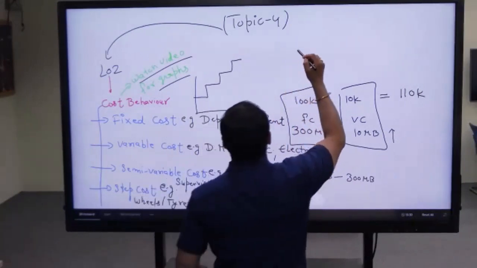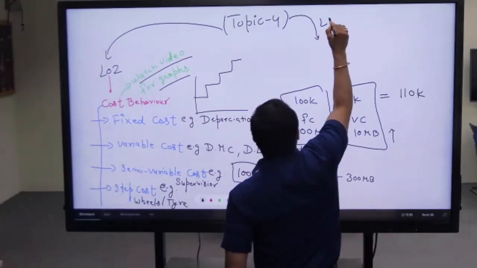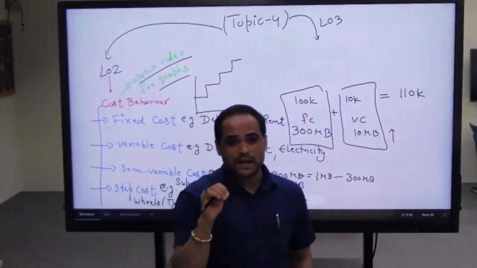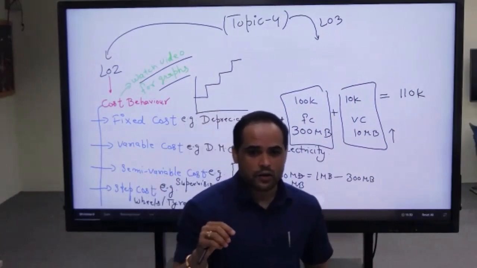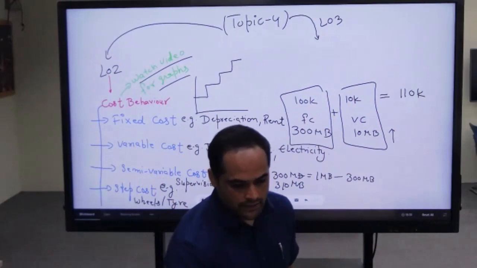Let me write down here: learning outcome 3. I won't go into more detail because it's just basic information about how we estimate the budgeted factory overheads.